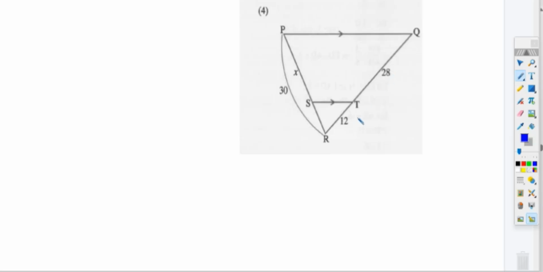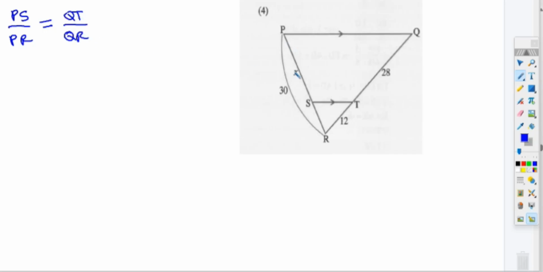28, 30, that is 40. So your QR there is 12 plus 28, that is equal to 40. So our proportionality theorem there will say PS over PR is equal to QT over QR.